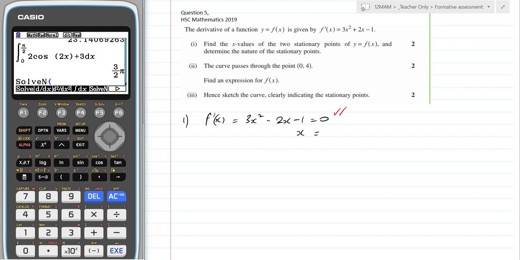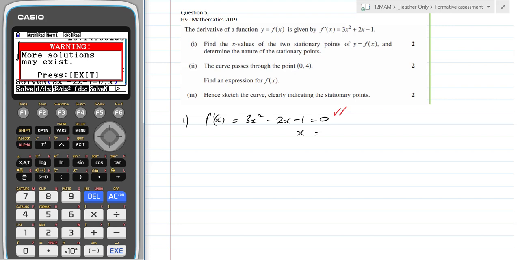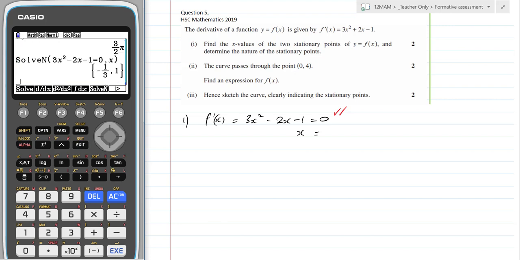Solve numerically is pretty quick, so I can put straight into here 3x squared minus 2x minus 1 equals 0, and I think I have to put a comma x there. And then that'll come up, but don't worry too much about that. It'll tell me the two solutions, and it's just having a proviso to say there might be more solutions.